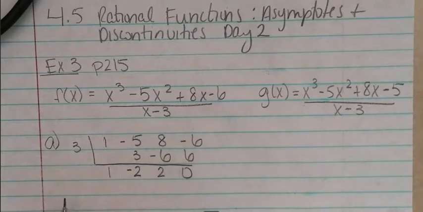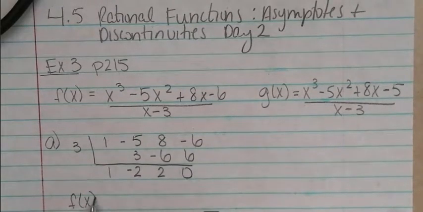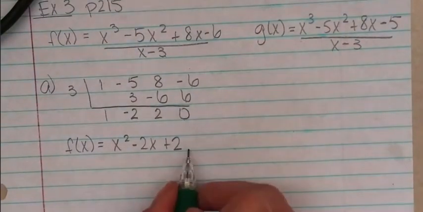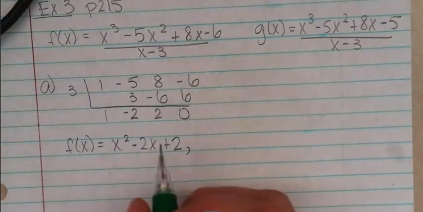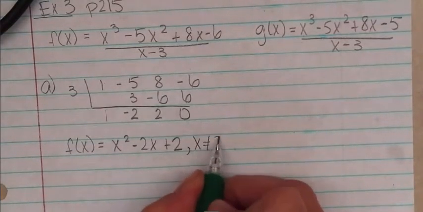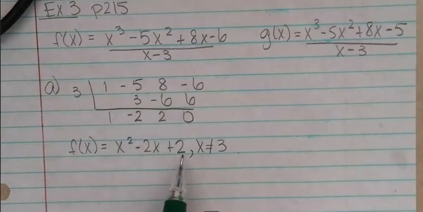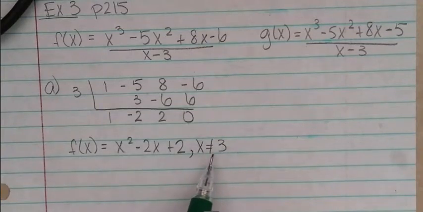And what I'm left with then is x squared minus 2x plus 2. I need to stipulate in this that x cannot be 3, right? Because if somebody just sees this, they're going to think, oh, that's a continuous parabola. Well, it's not, right? There's a removable discontinuity at x equals 3.